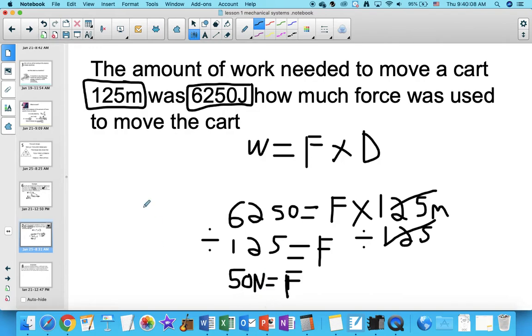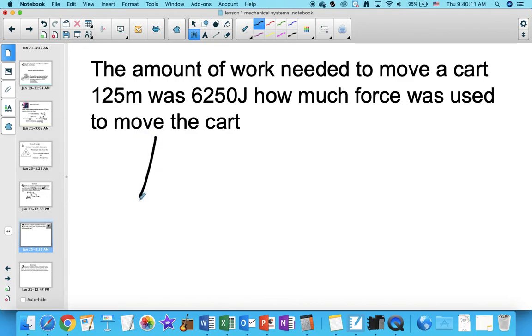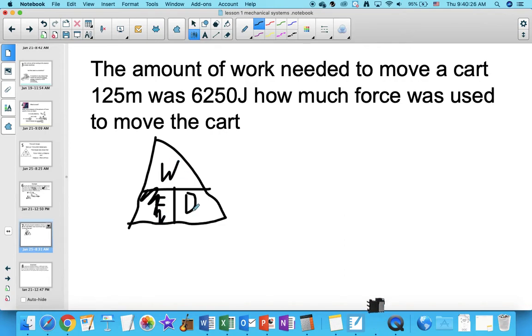There is another way to solve this, right? We can use our triangle. So I'll draw this poorly drawn triangle, like so. And I have work at the top, force, and distance. Well, I don't know what my force is, so I cover up my force. Oh, work over distance.